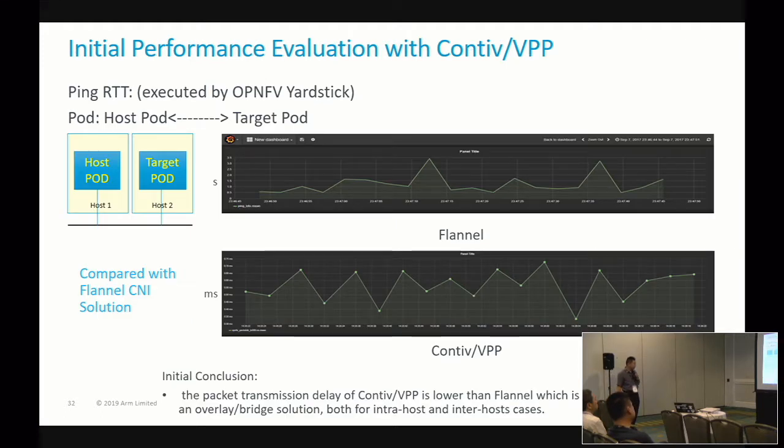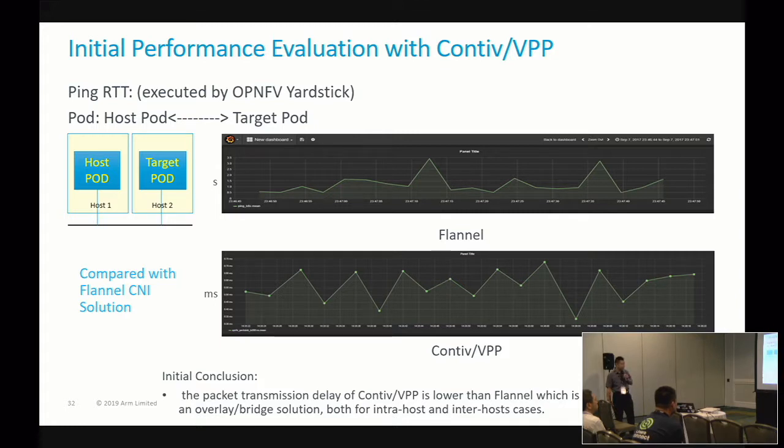The last performance evaluation is with Contiv VPP for container networking, which is a typical use case. The upper one is FNano, an overlay solution for in-host communication. We can see that the performance gain is much more than 10 times for ping compared with native.